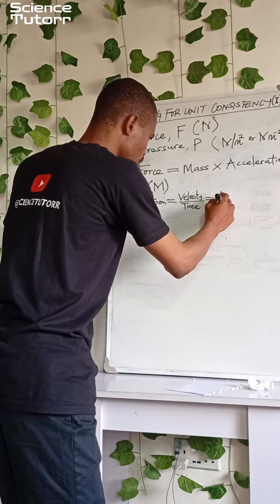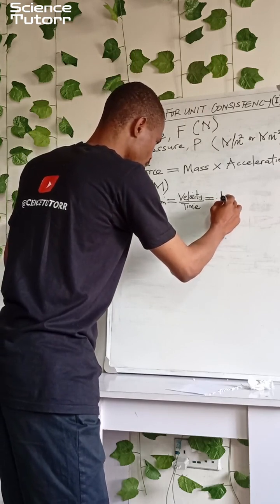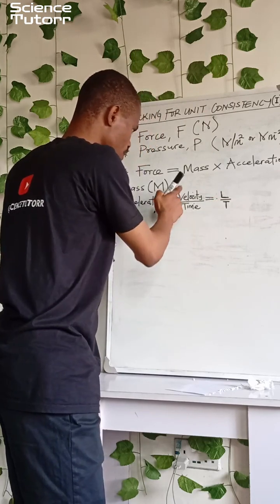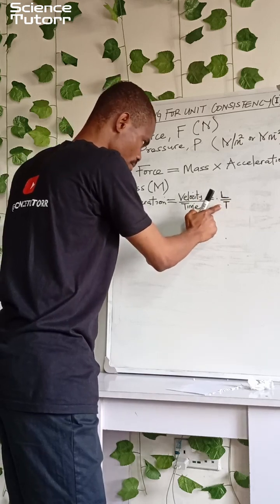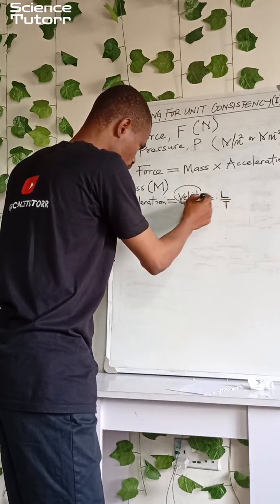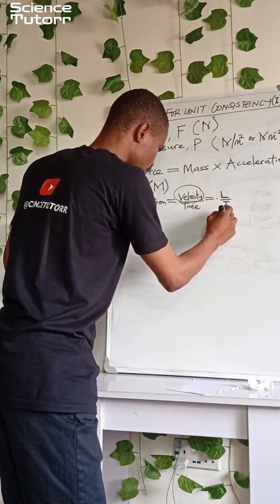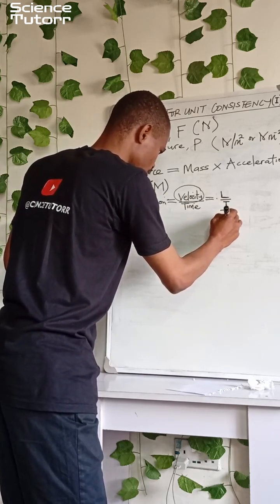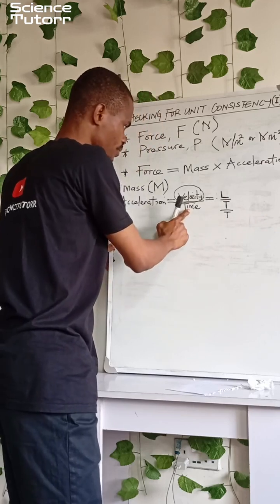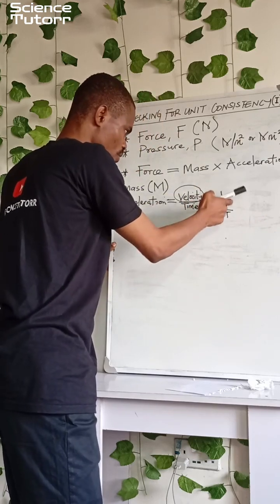So L over T, that is for velocity. We still have time, all over T.